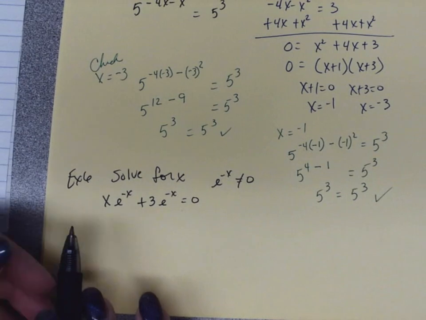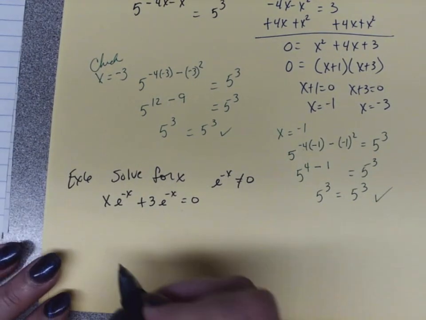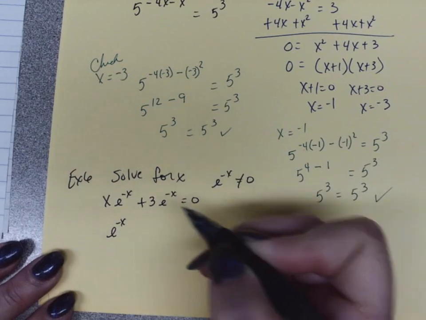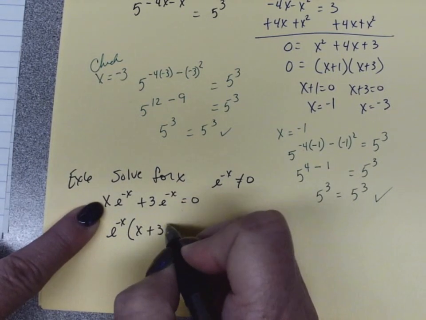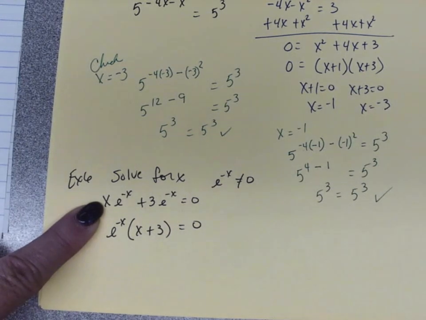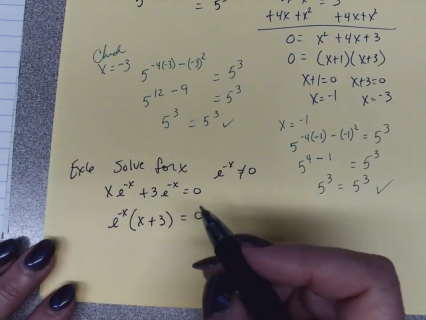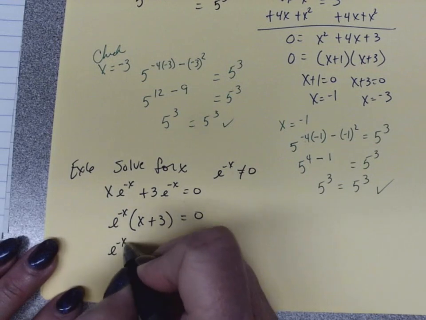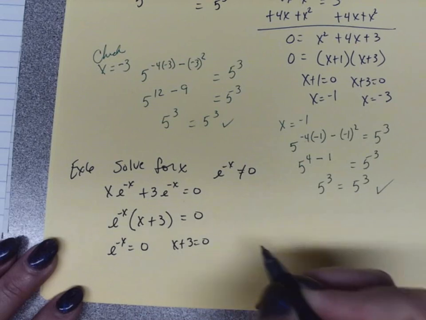Now, how do we solve this one? Well, when we look at it, we do have a common e to the negative x. So if we factor out e to the negative x, we're left with x plus 3 equal to 0. We'll take each part again and set it equal to 0. And x plus 3 equals 0.